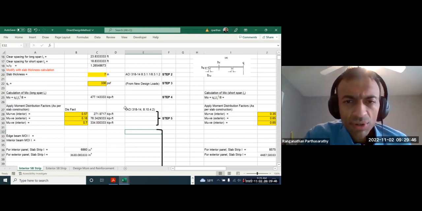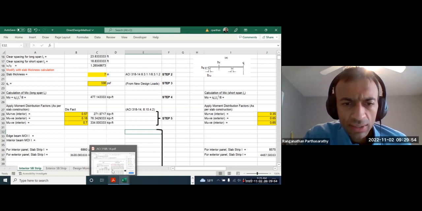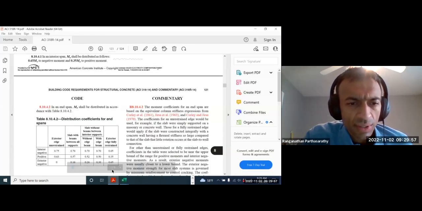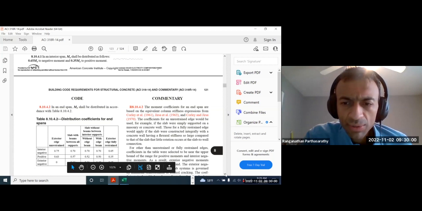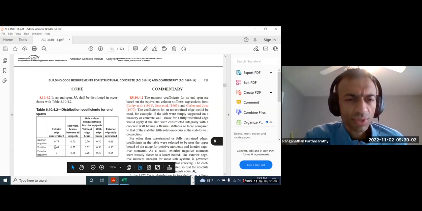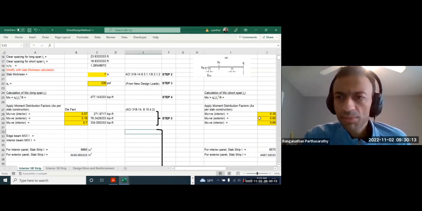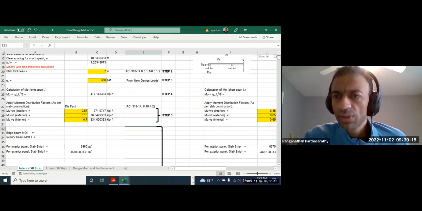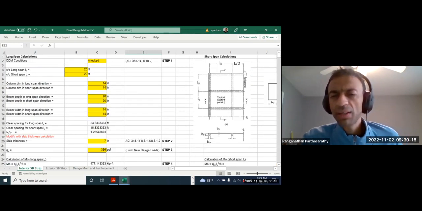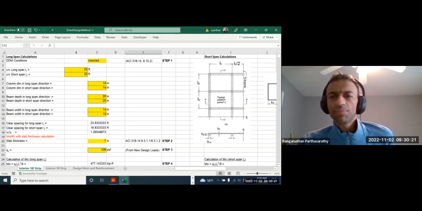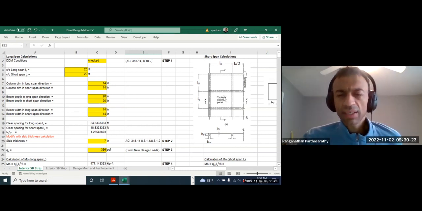This is for slabs with beams between all supports, supporting the slab on all edges. This case falls under slabs with beams between all supports. You can see here it is 0.7, 0.57, and 0.16. This was an exterior panel, and that's what we are designing here.